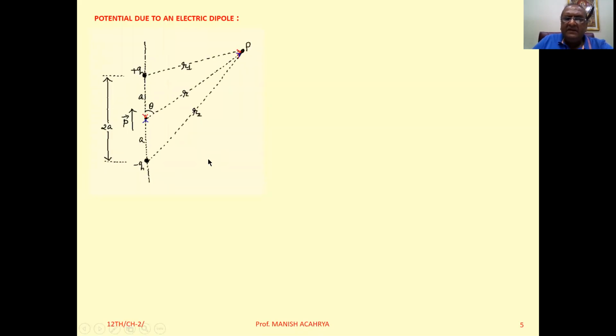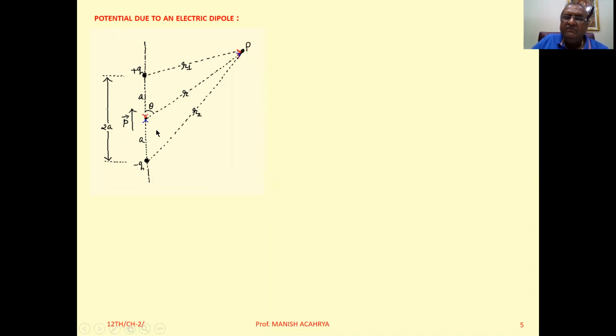Suppose, as shown in the figure, there is a dipole on the y-axis with charges plus q and minus q. The separation between these two charges is 2a, and the dipole moment points from minus q to plus q, as shown in the figure.